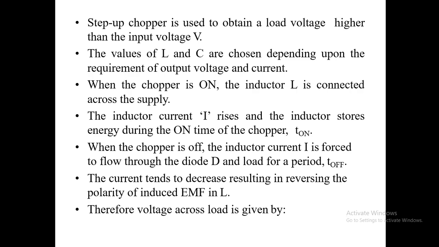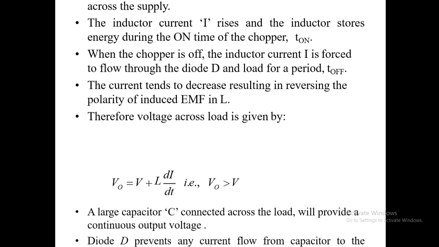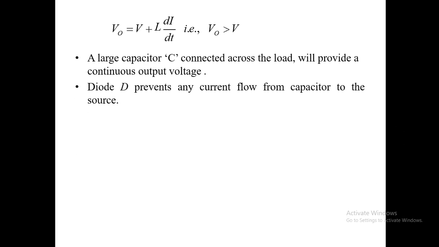After that, when the chopper is off, the inductor current I is forced to flow through the diode and load during the T-off period, and the current tends to decrease, which results in reversing the polarity of the induced EMF in L. Therefore, the voltage across the load is given by V0 equal to V plus L di upon dt. That is, we can say V0 is greater than V.